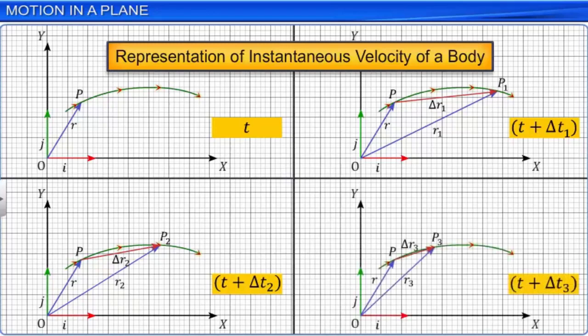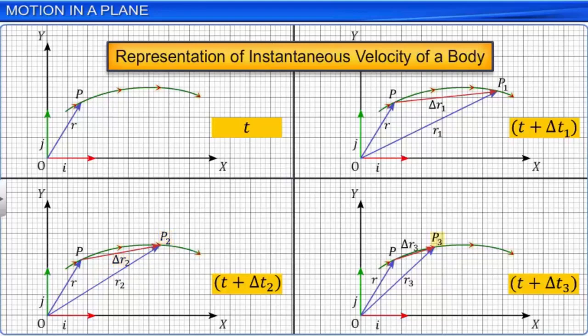The position vectors of these various points are: P is r, P1 is r1, P2 is r2, and P3 is r3. The displacement vectors with respect to point P are: at point P1, its displacement is delta r1. At point P2, its displacement is delta r2, and at point P3, its displacement is delta r3.